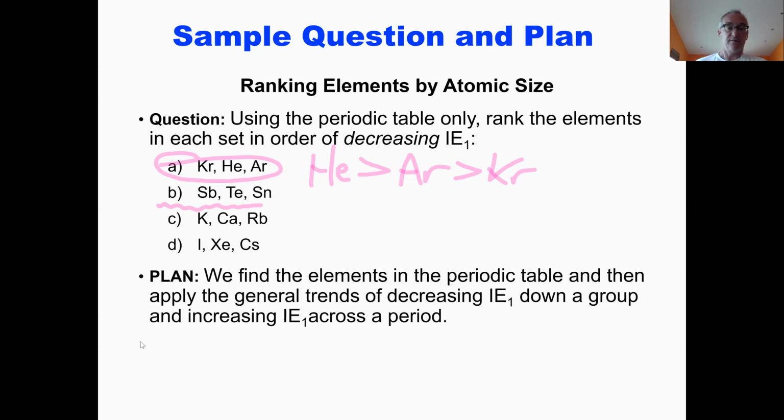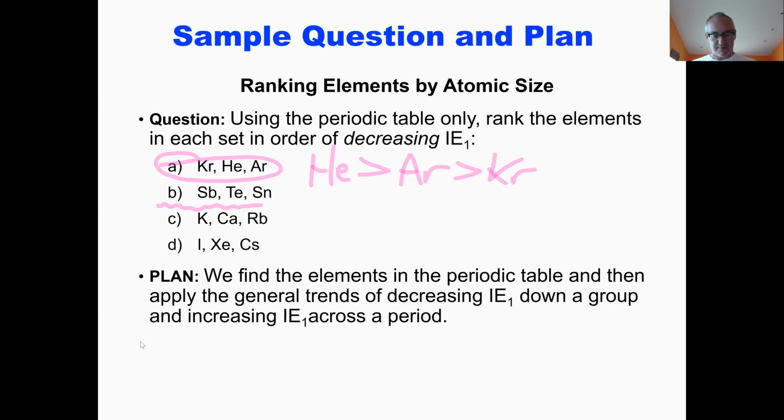So next, we have antimony, tellurium, and tin. Sb, Te, and Sn. I suspect those are in the same group, or the same period. I can't even find Sb. Where is Sb?